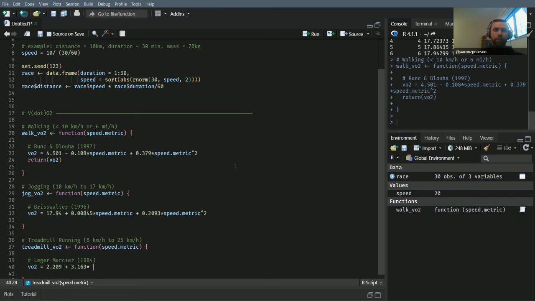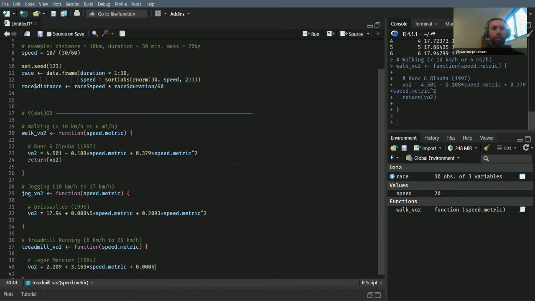And this was all built off of just a simple regression based on breath by breath analyses that they did back then. So this is just taking their formula based on their sample size and the individuals that participated in their study. So it might not apply to athletes as well, but in general, this is a good understanding of a caloric expenditure and a good way to estimate a different type of player load.